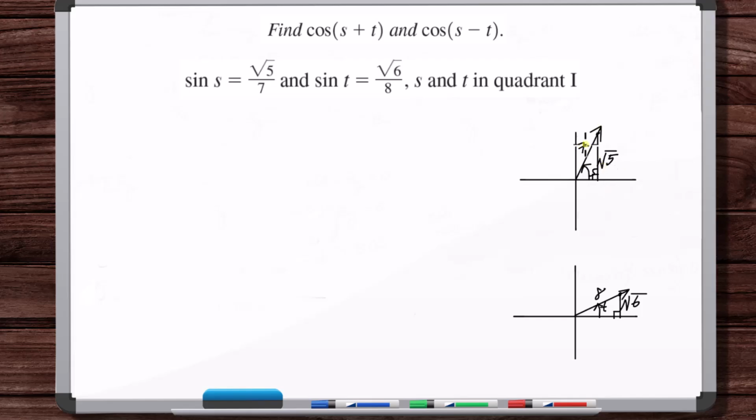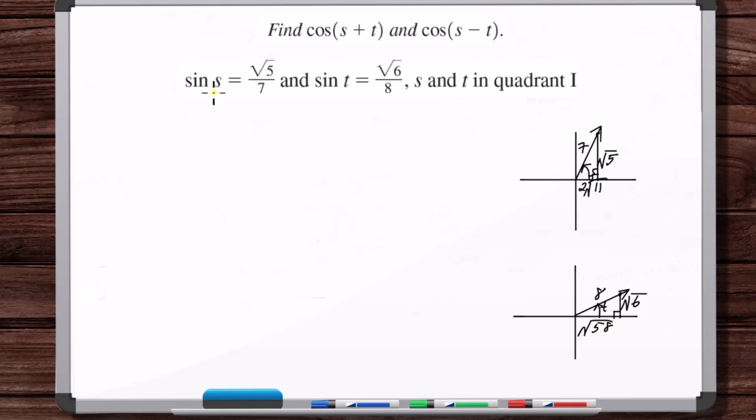Okay, so 49 minus square root of 5 squared, that's 44. Square root of 44, 4 times 11, 2 root 11. Okay, now here we've got 64 minus 6. That's going to be square root of 58. I don't think there's anything we can do with that. No, so okay, square root of 58.